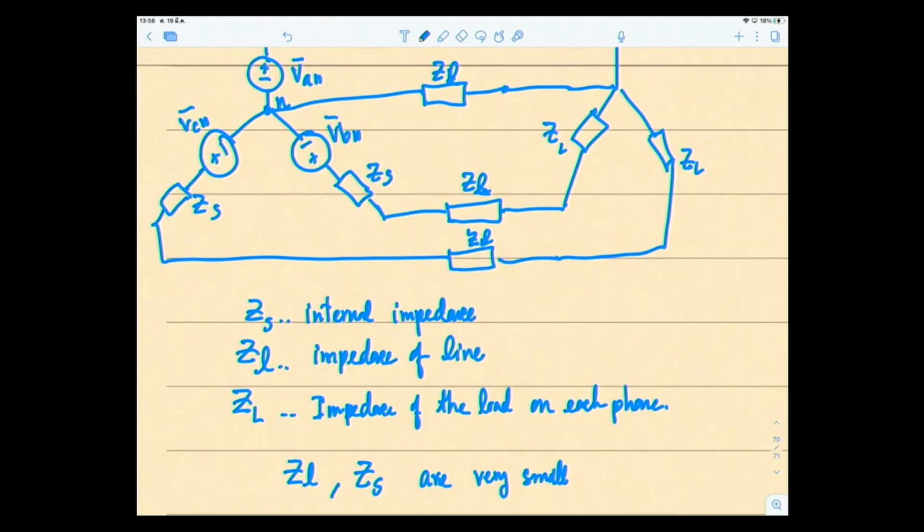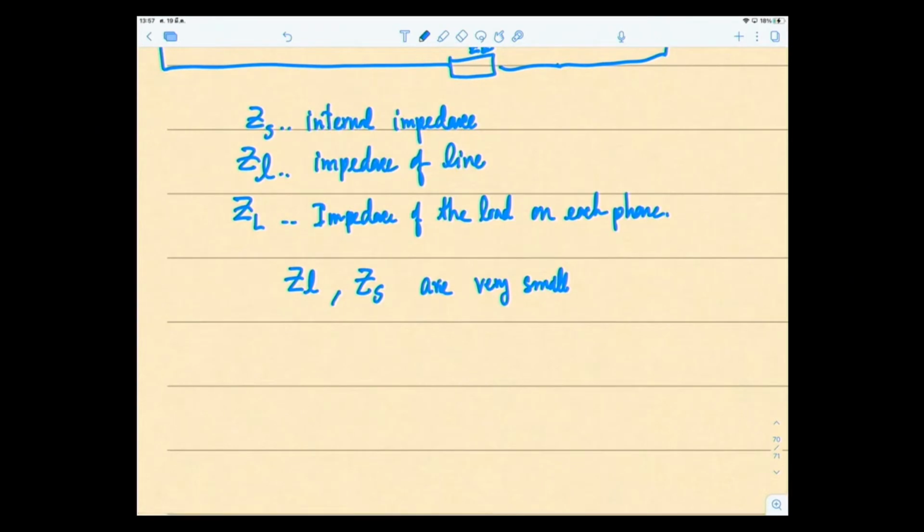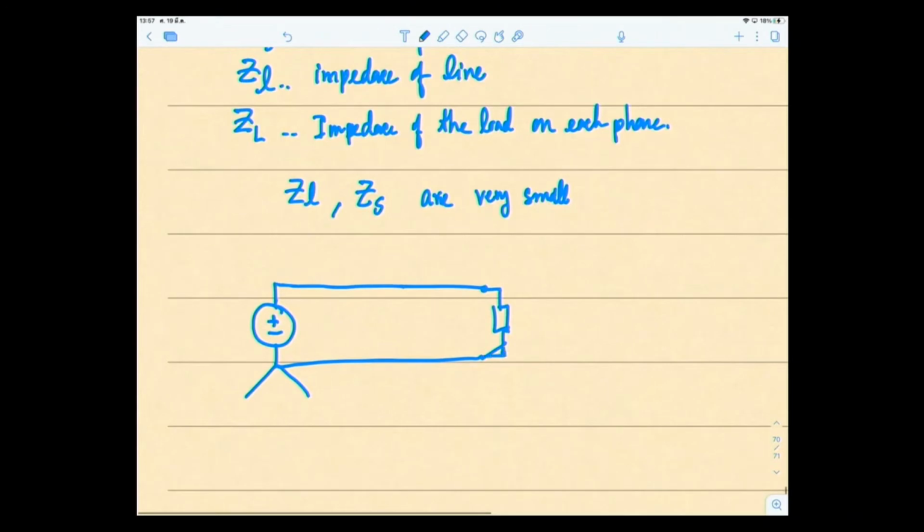So at the beginning we're going to simply ignore those impedances, and we're just going to have the source VAN, VBN and VCN, like this.